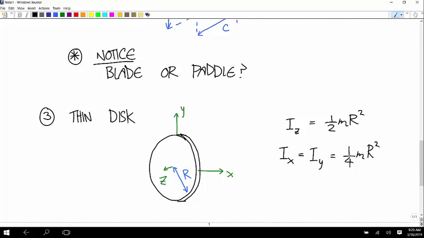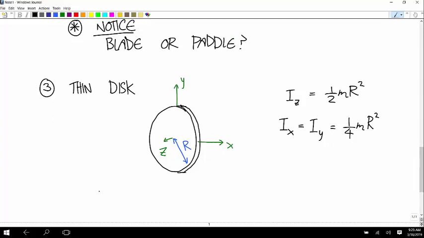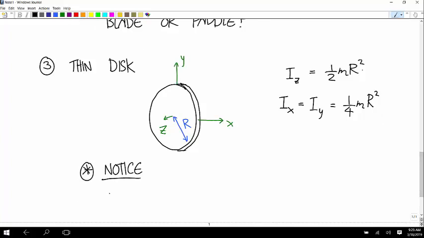So it turns out it's actually a little easier to get a disk rotating like a paddle again than it is to get it rotating like a rolling wheel or like a blade. So notice, think: is it rolling or paddle?